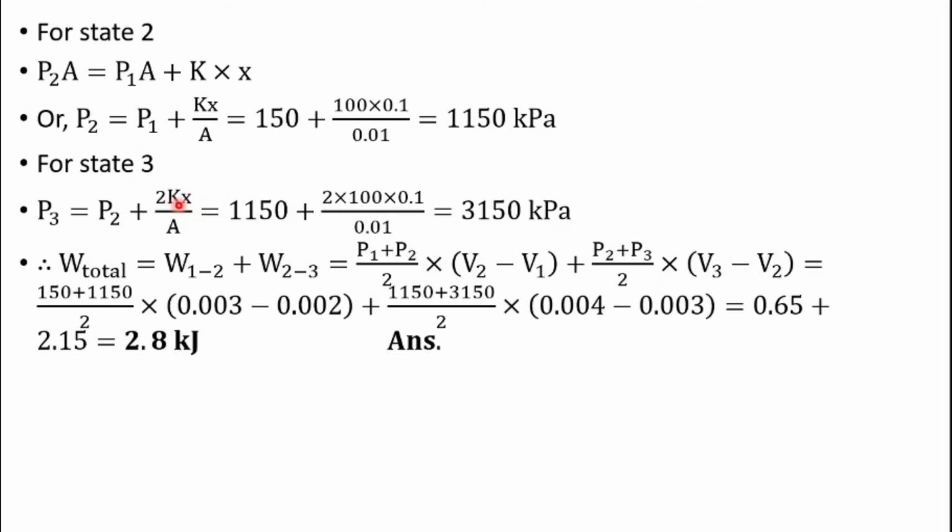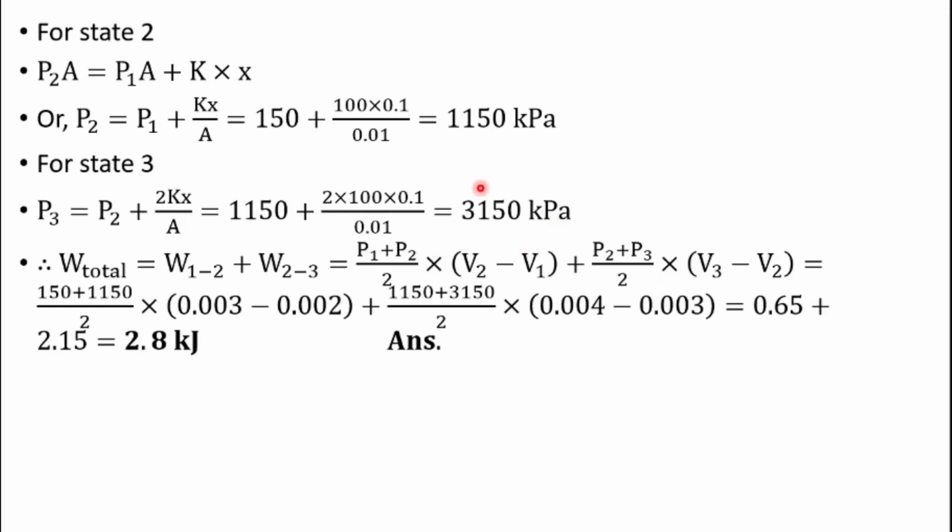The force due to one spring is Kx, so for both springs it will be 2Kx because K is the same for both springs. If it is a different value, then the sum of the force due to each will be considered. So 2Kx is the force exerted by the springs during movement from state 2 to state 3, and dividing by the cross section area of the piston, we get the final pressure, and this comes to be this.